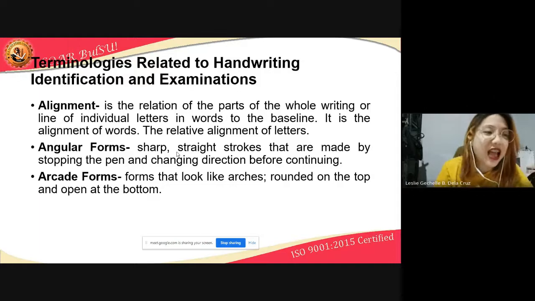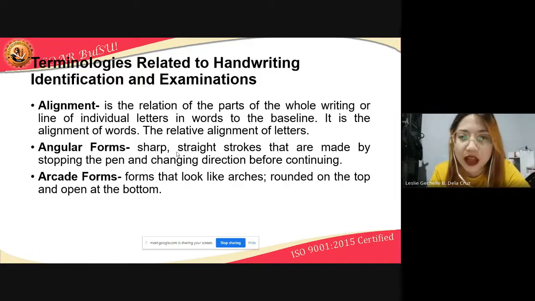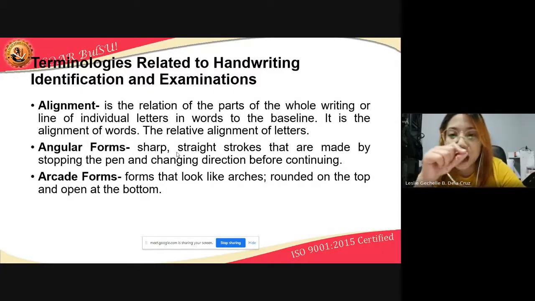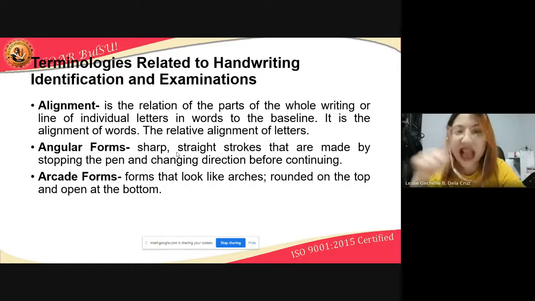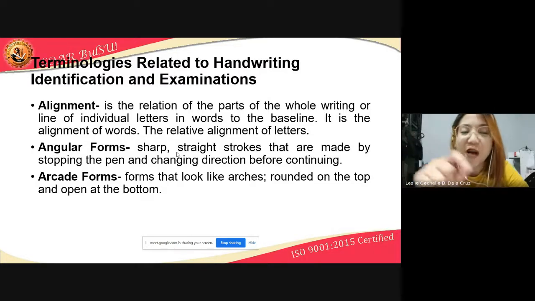Okay. Angular forms. Nabanggit na rin to last time, I think. These are sharp, straight strokes that are made by stopping the pen and changing direction before continuing. Kapag ang handwriting ay medyo patusok, angular siya. Okay? Pag sinabi namang arcade, forms that look like arches, rounded on the top and open at the bottom.